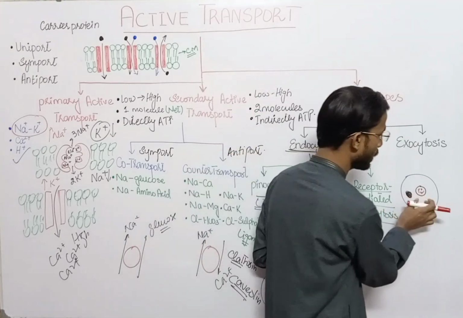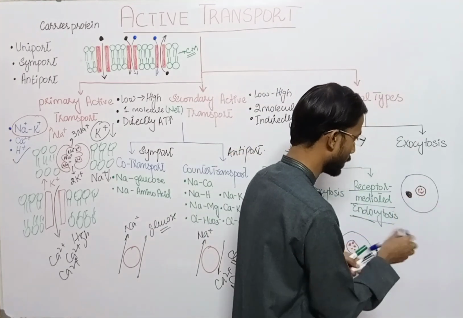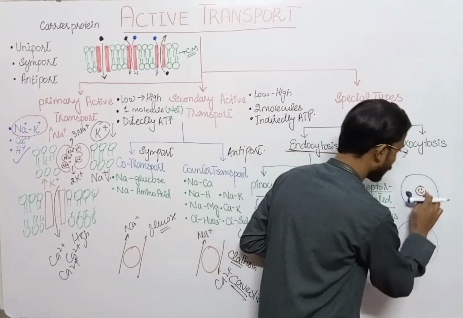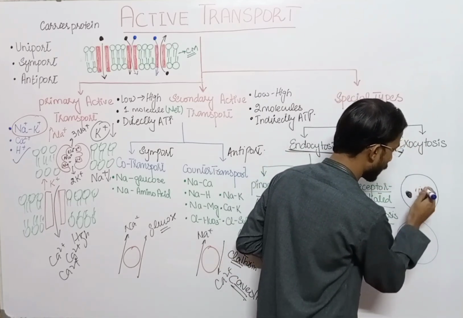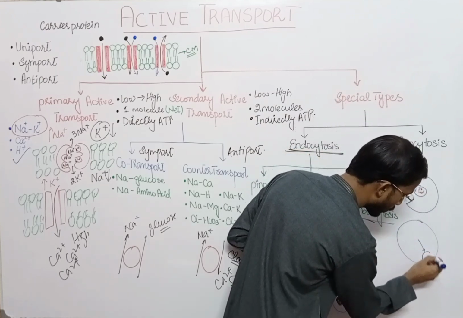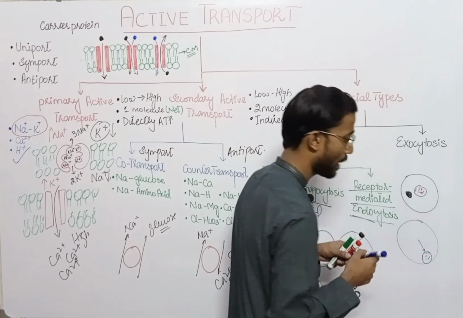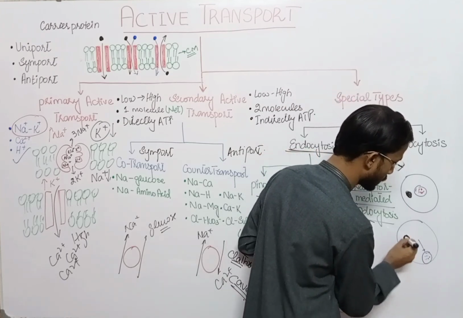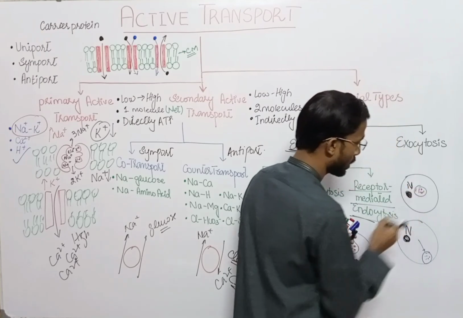Here is the vesicle. This vesicle will move towards the plasma membrane, or you can say cell membrane. Here is the nucleus.